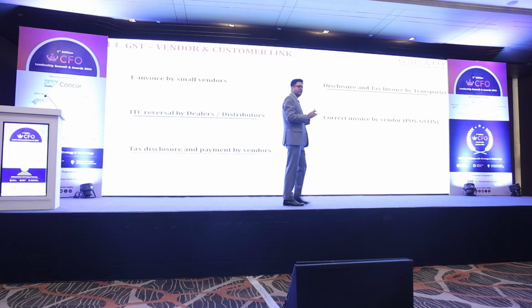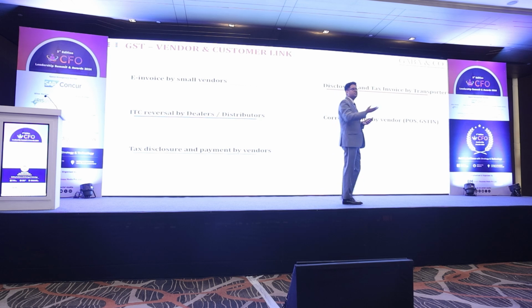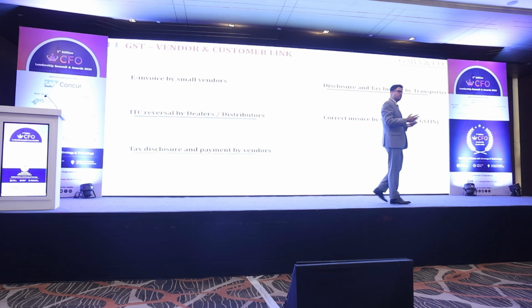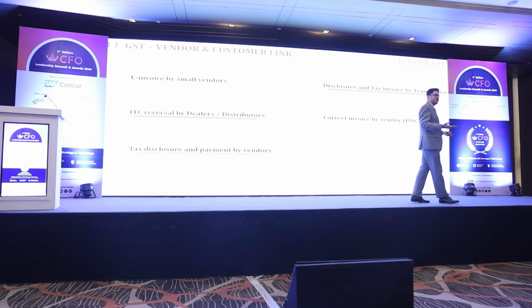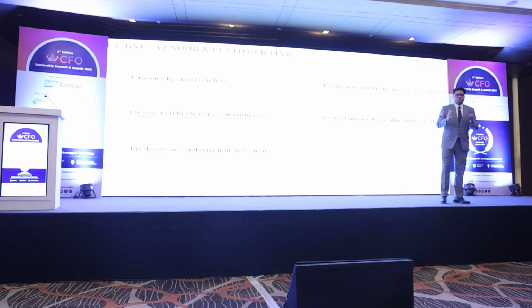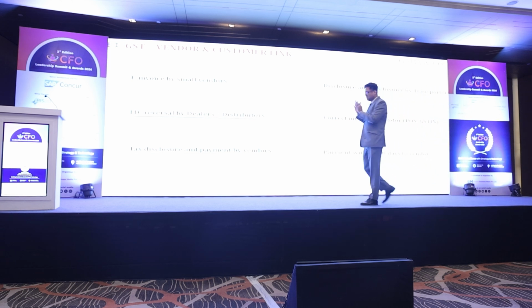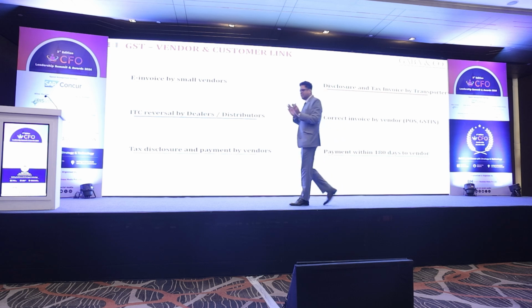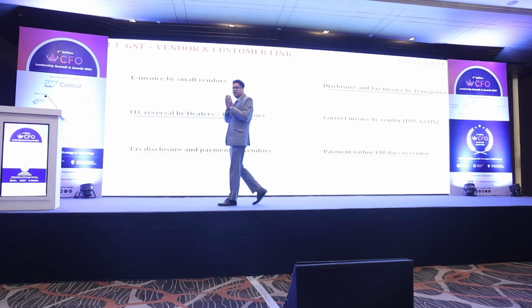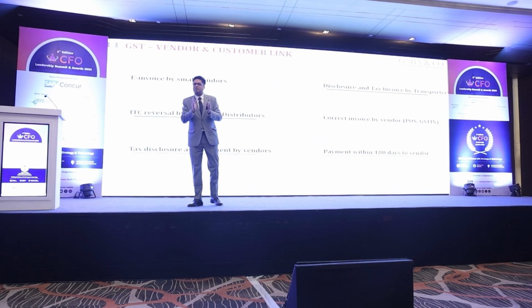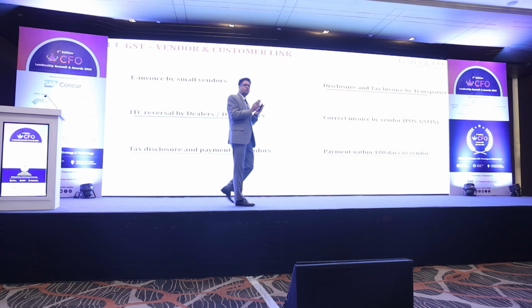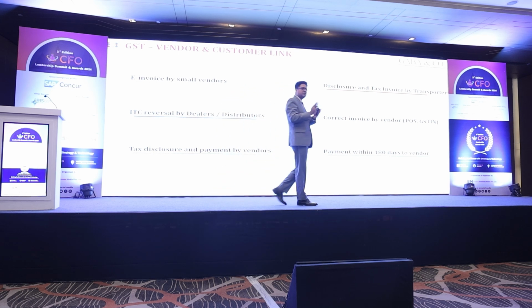Now while filing the return, they are mentioning POS as Uttar Pradesh. Your ITC will be denied. As simple as that. And these are the points that create a tax efficient supply chain from a GST perspective when it comes to your vendor and your customer.